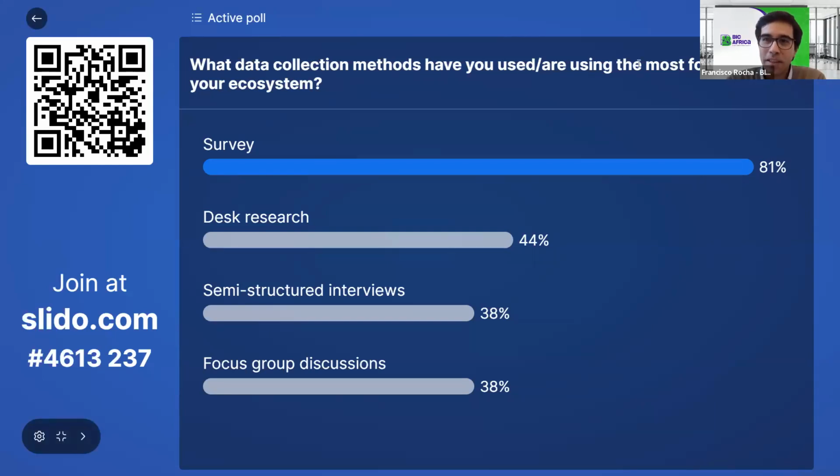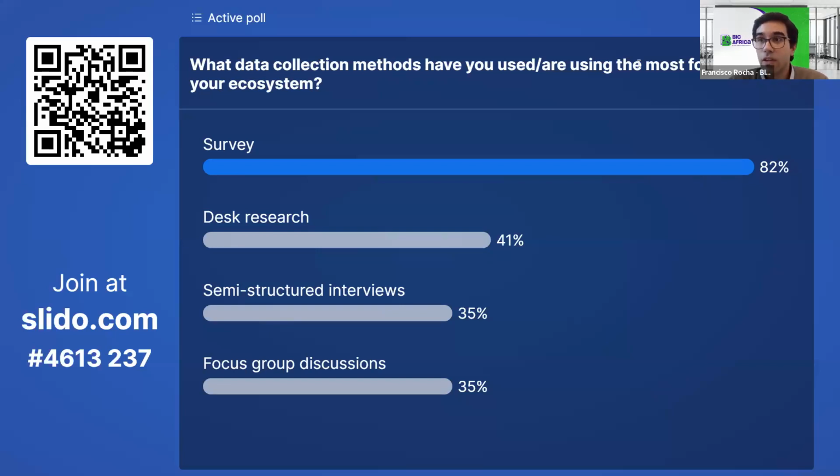And this is quite interesting because the survey, I would say, is the option that allows us to collect information from most individuals, because in comparison specifically with interviews and focus group discussions, we can have statistically robust data, but it can also be very demanding in terms of effort, because we will need to collect information from a rather big sample, or at least higher than, for example, the focus group discussions and interviews.